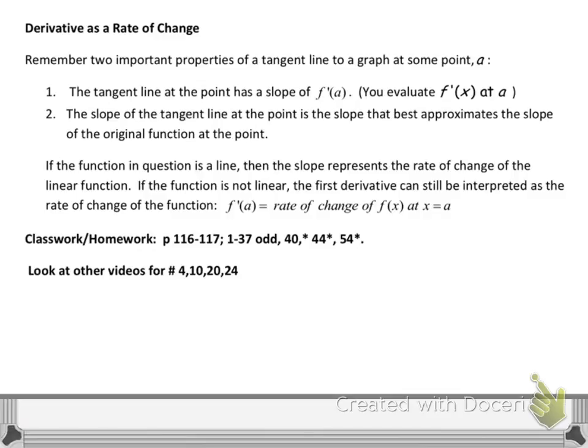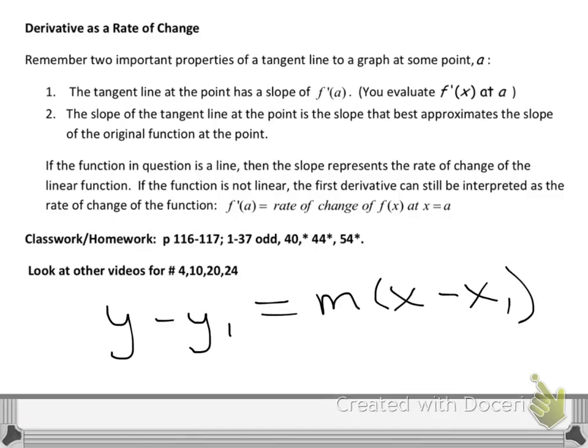So if I ask you to give me the equation of a tangent line, for example, if I say, okay, give me the equation of the tangent line drawn to some function at some value x1. The m right here is not just the formula for the slope, it's the actual slope.